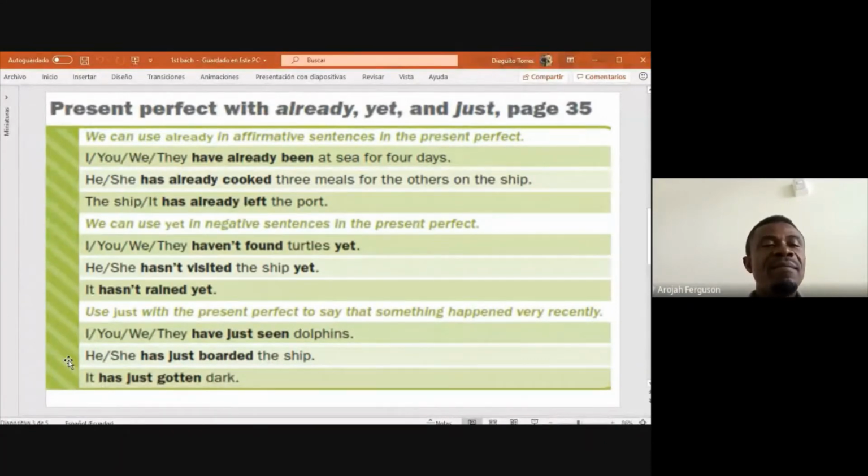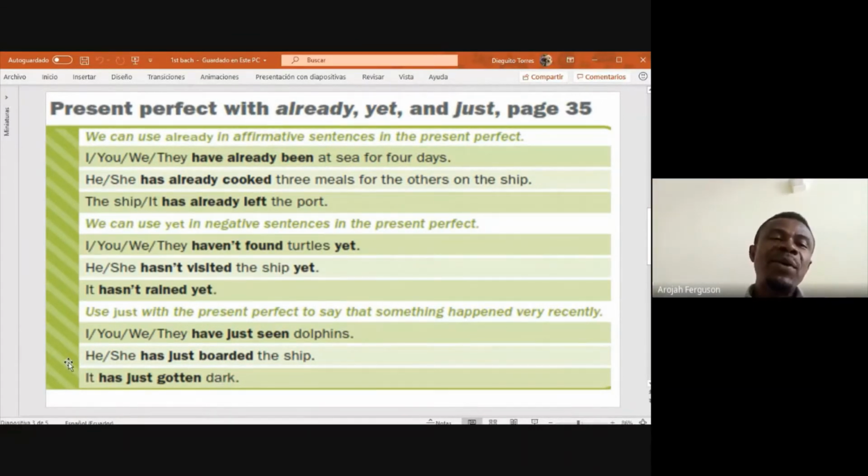The second example: he or she has just boarded the ship. When we say board a ship, it means to get on board, go into the ship.